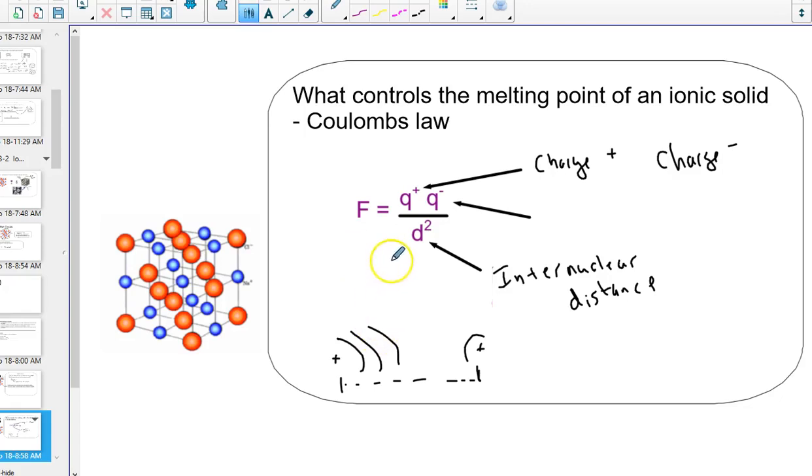So larger distances cause lower attraction, lower melting points for ionic compounds. Higher charges on these things cause increased attraction as well. All right. So that is that one.